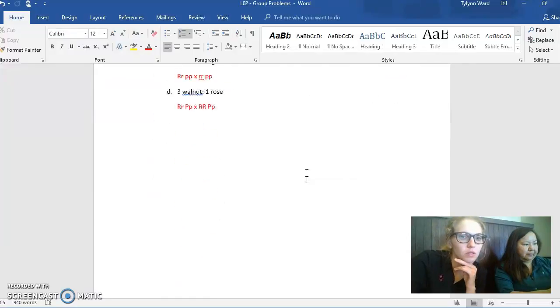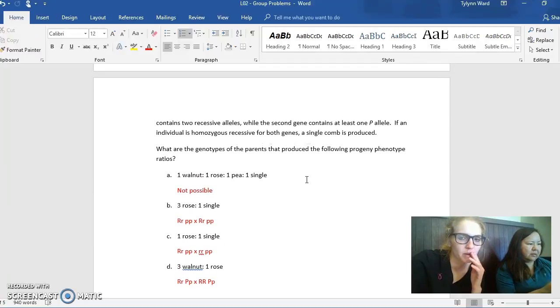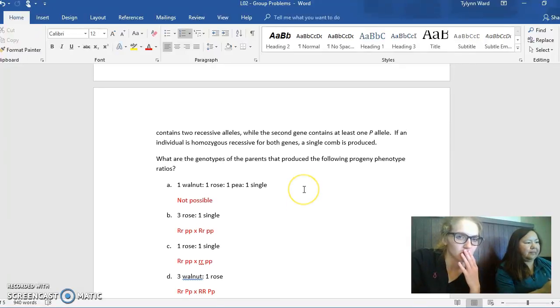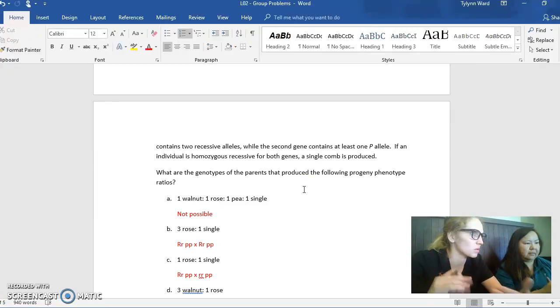Okay, and so then for this next one, we had a hard time on number 1. So for 1 walnut, 1 rose, 1 pea, and 1 single, we both got that it wasn't possible because of the problem. Like because those alleles don't work. One is the exact opposite of the other for the requirements.